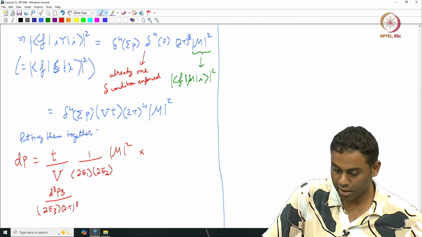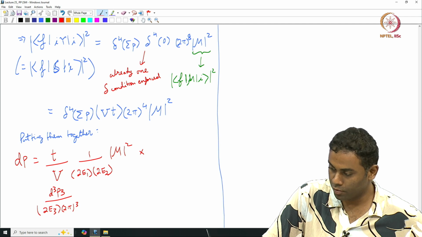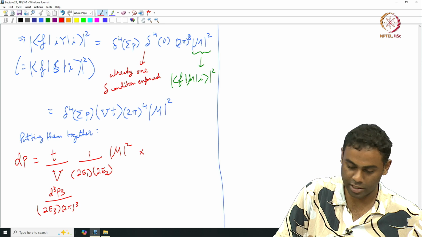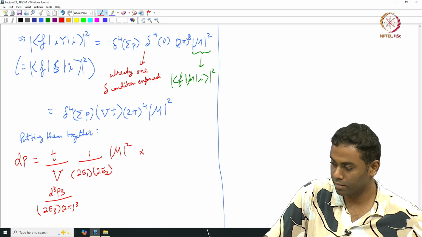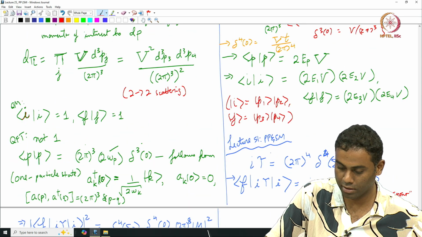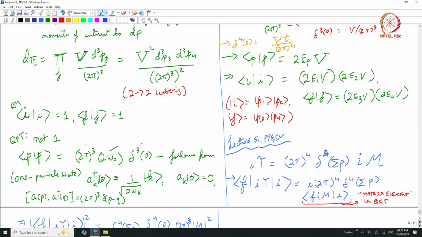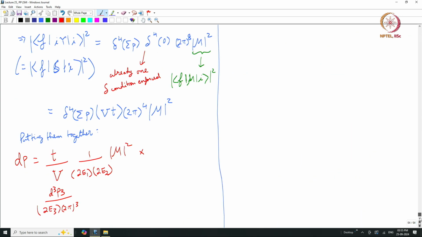So we actually had 2E1, 2E2, 2E3, 2E4. I am going to push the E3, E4 terms into the phase space bit. Remember, in the phase space bit we had this d cubed p over 2 pi cubed. I am just going to push the E3 and E4 from the inner products into this.